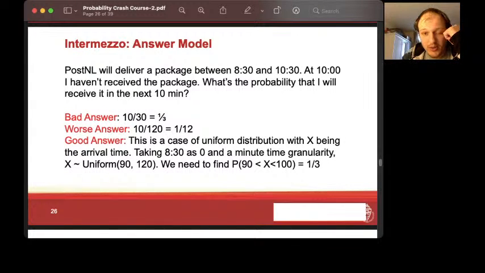A good answer would actually try to explain your reasoning behind this. You don't need to write an essay about it, but with one or two sentences, explain what the distribution is, what the value is, what the random variable is, and what you need to compute, and then it's much clearer that you understand what you're doing.